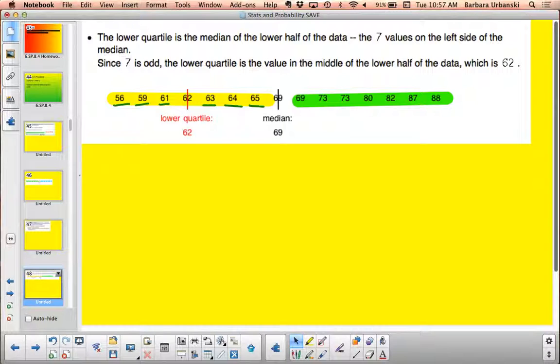What's really important to notice is that if your median is actually a part of the data set, you will no longer use it to find the median of the lower portion or the upper portion. So that would mean over on the right-hand side, we're going to go ahead and take a look.